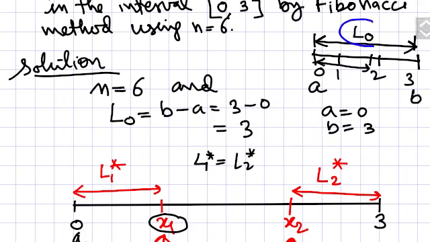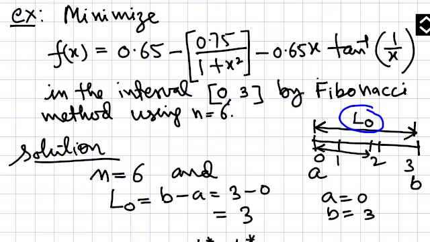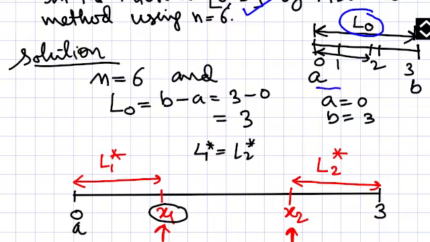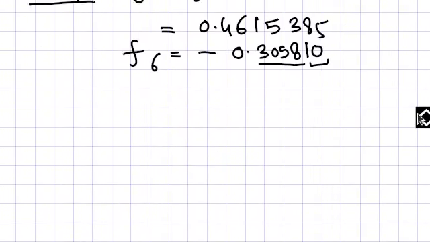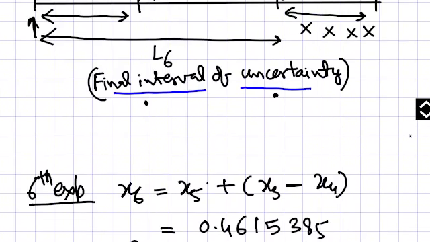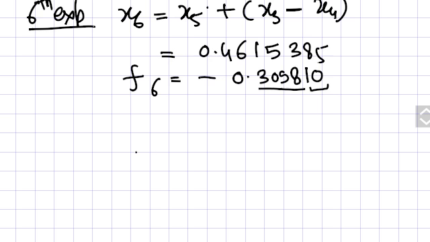L naught was the initial interval of uncertainty. We knew that because in the question we were given that your minimum lies between these two points. But now we have restricted that region more precisely. So this is called the final level of uncertainty, and in many questions you will be asked to find the ratio of these two distances, the initial interval of uncertainty and the final interval of uncertainty.